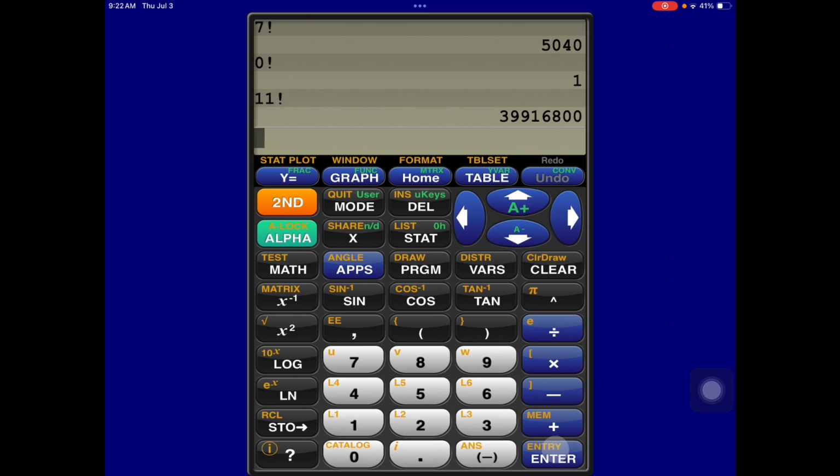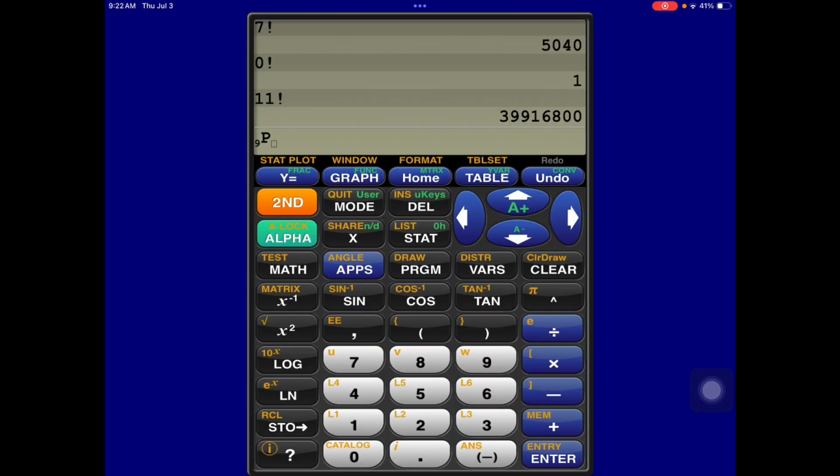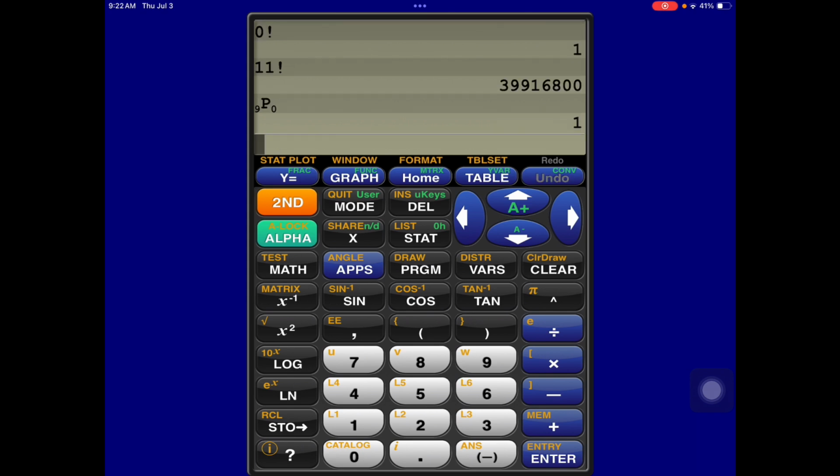The next three focus on permutations. So for D, 9 is our first number. And then we go to math, PROB, nPr, and the second digit that we have is 0, select enter.